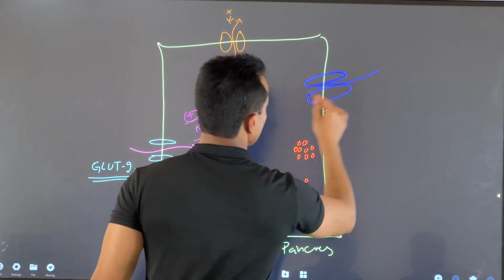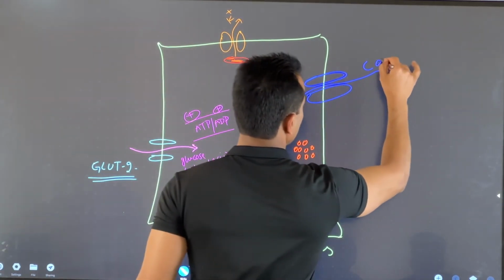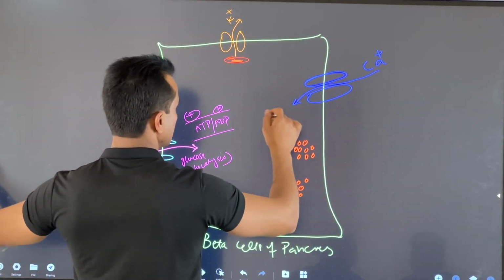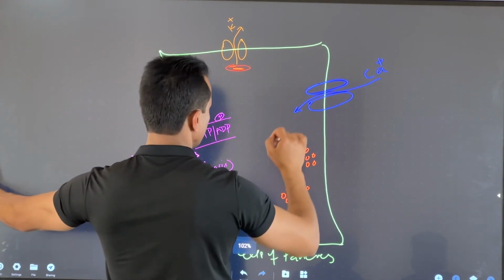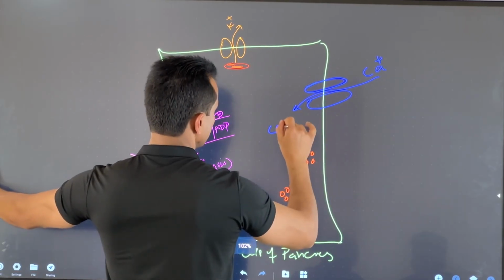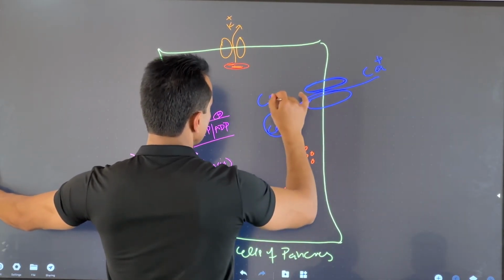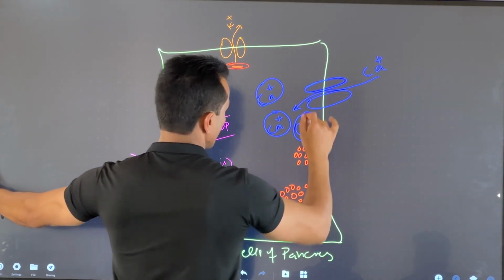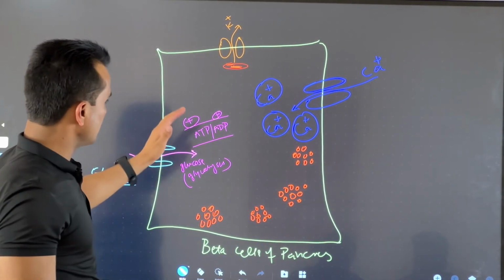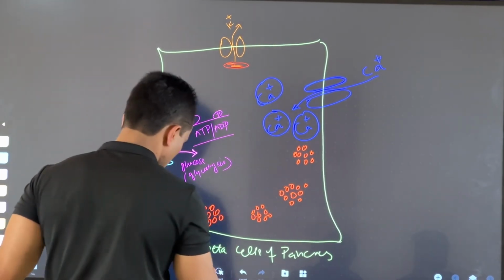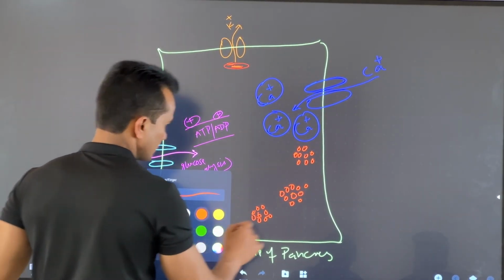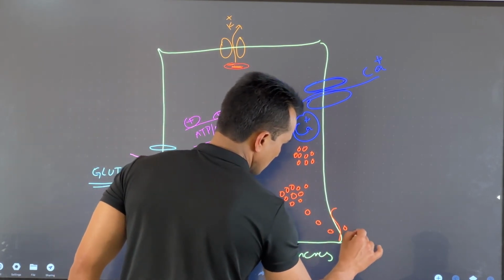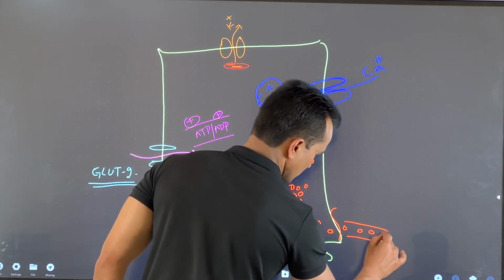And here from the extracellular environment, calcium is moving inside the cell, and now calcium is increased inside the cell. So this influx of calcium, soon after the depolarization, leads to release of insulin granules into the blood circulation.